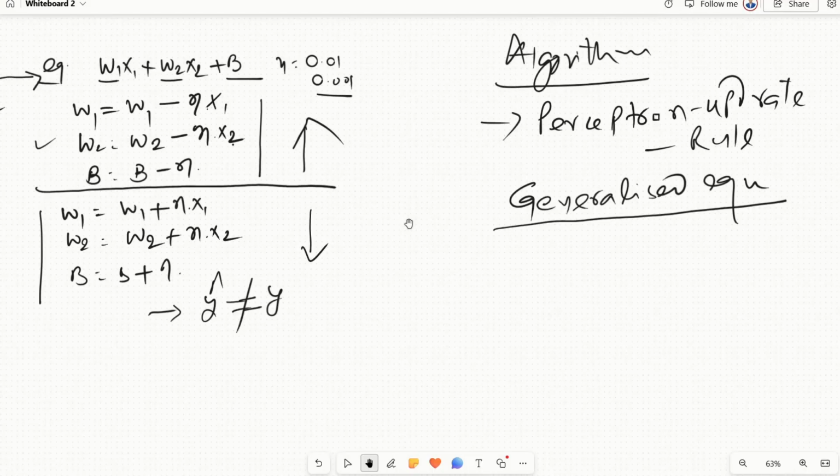If you see very closely, there is some change happening in the weight. Suppose this is my old weight, and this is the new weight, equal to w old, plus or minus something.